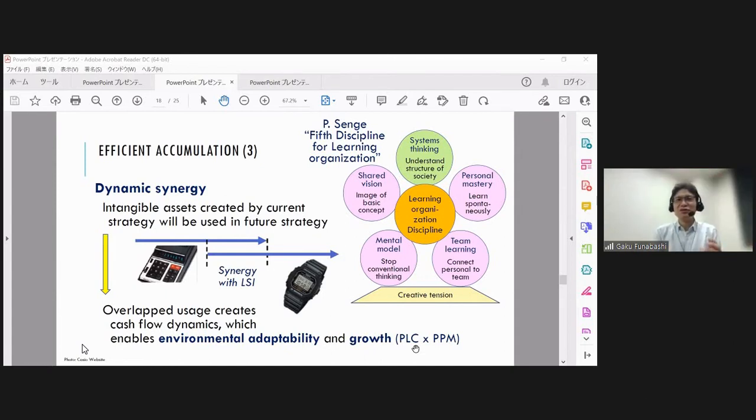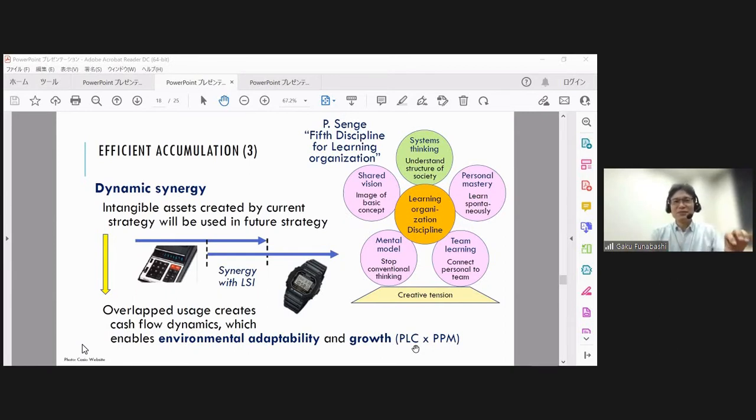Stars, even though it's still in the introductory stages, it's possible in the future it can be the growing stars and make profit. Also dogs, which seems to have no future because the relative market share is very small and industry growth rate is small. And also problem child or question mark.